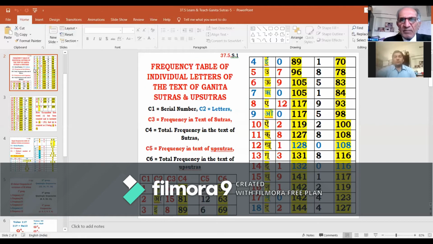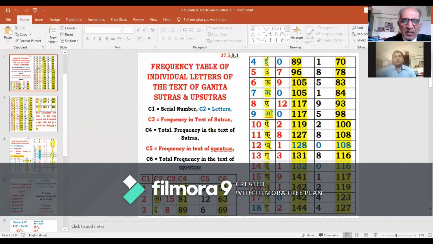It will be a very blissful exercise to firstly reach the frequencies table of individual letters in the text of Ganita Sutras, as is the tabulation in 6 columns: first a serial number which takes us 1 to 36, serial number 2 of letters, that is the 36 distinct letters of Devanagari alphabet format being availed by the text. C3 gives the frequency of occurrence of the corresponding letter in the text of Ganita Sutras.